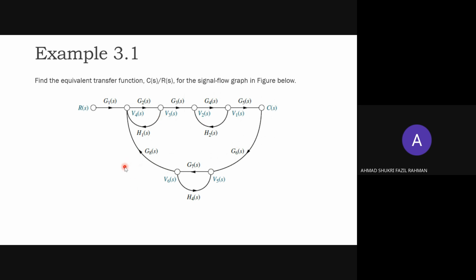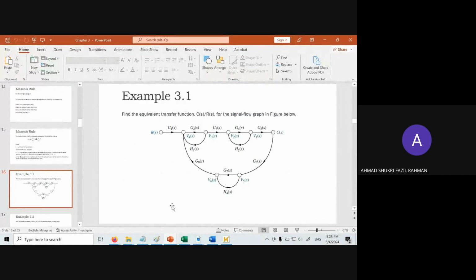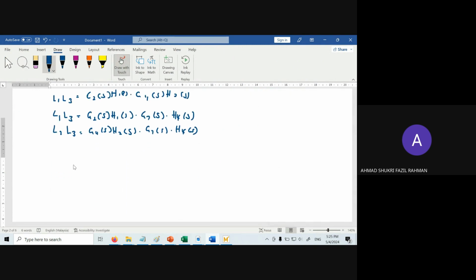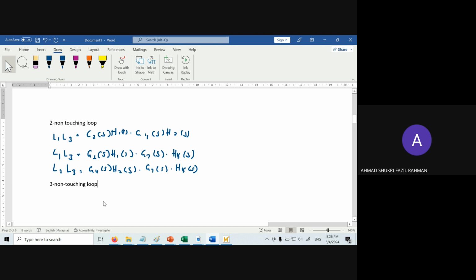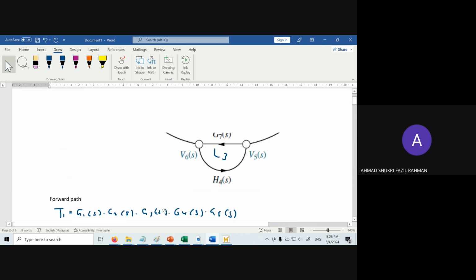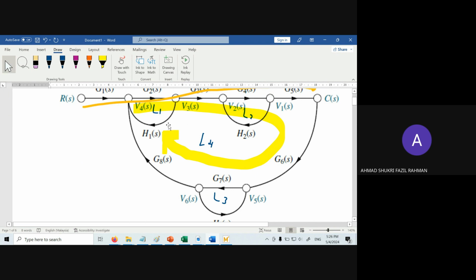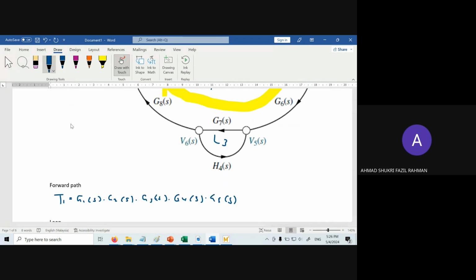So we go back to the solution here. We find the three non-touching loops. You can see 1, 2, 3, between L1, L2, and also L3.